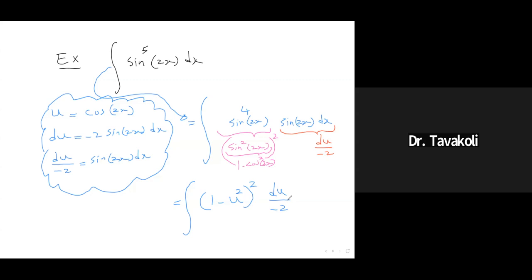Again, let me start from even one step before that. Sine to the 4 is sine squared, whole thing squared. And sine squared of 2x is 1 minus cosine squared of 2x. Knowing that cosine of 2x is u, 1 minus cosine squared of 2x is 1 minus u squared, and all to the power of 2.